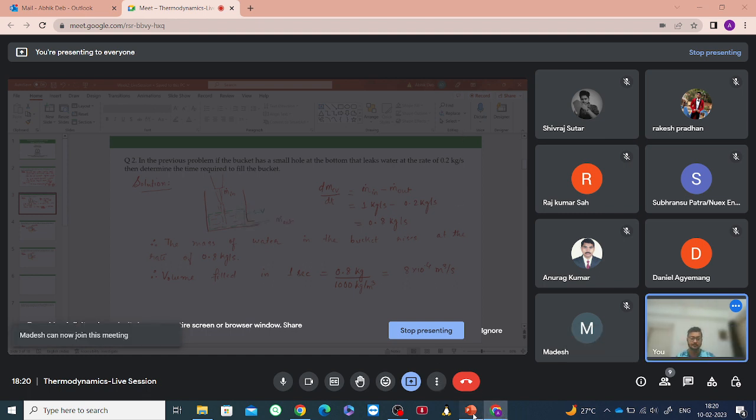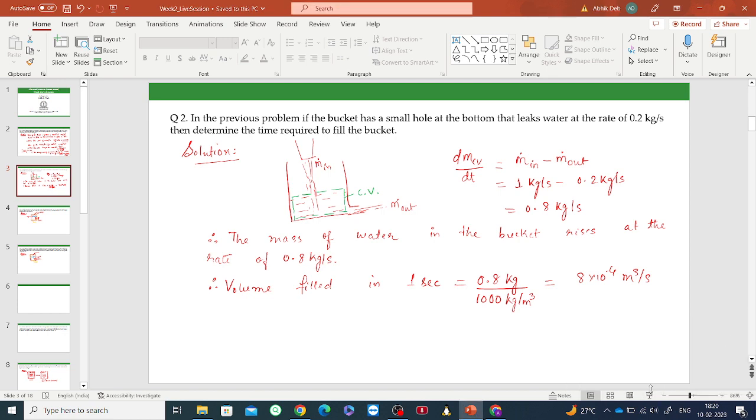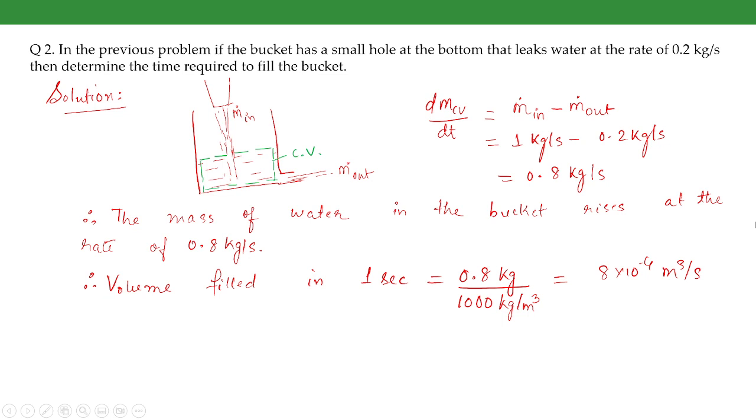This is in meter cube, and 1 meter cube is 1000 liters, so we multiply by 1000 and it comes out to be 0.8 liters per second.